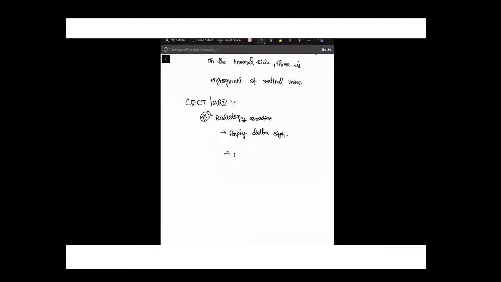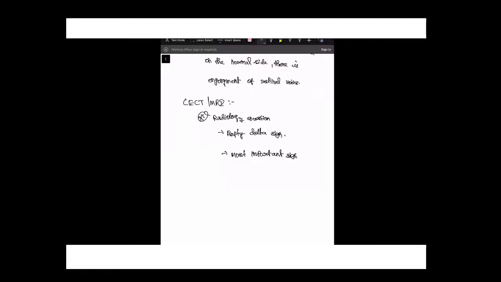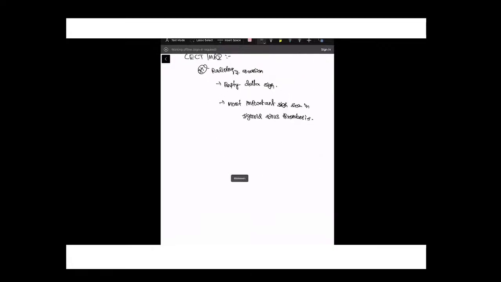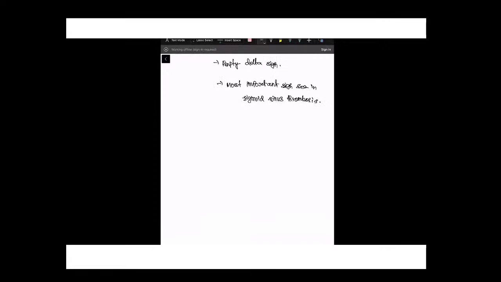It's the most important sign seen in sigmoid sinus thrombosis. So here we finish the complications of CSOM.